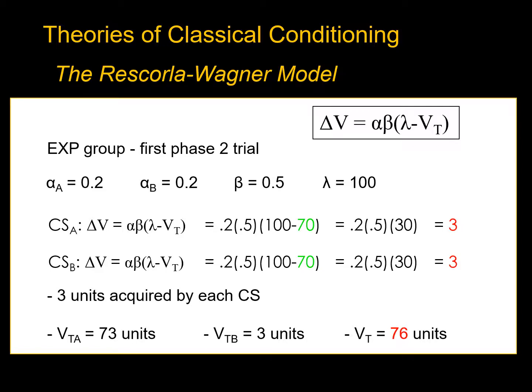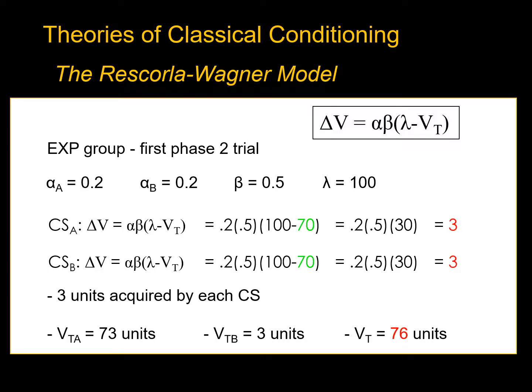Slightly different question. How many units of associative strength does the CSA US association have now? How many did it have at the end of phase 1? Yeah, it had 70 at the end of phase 1.